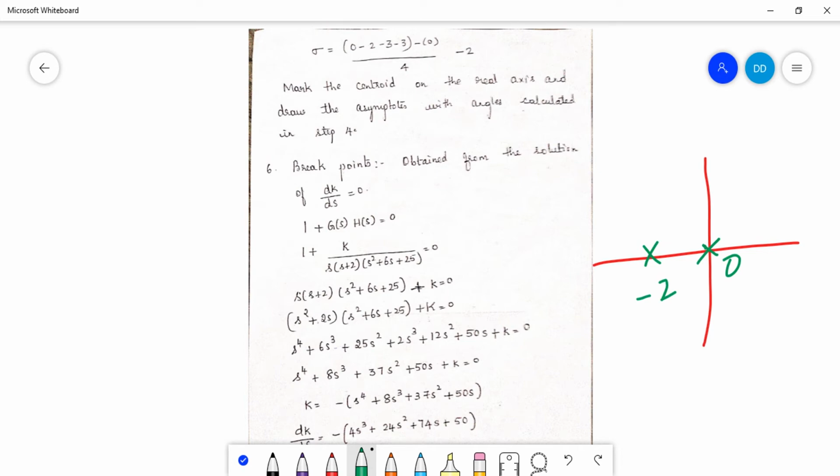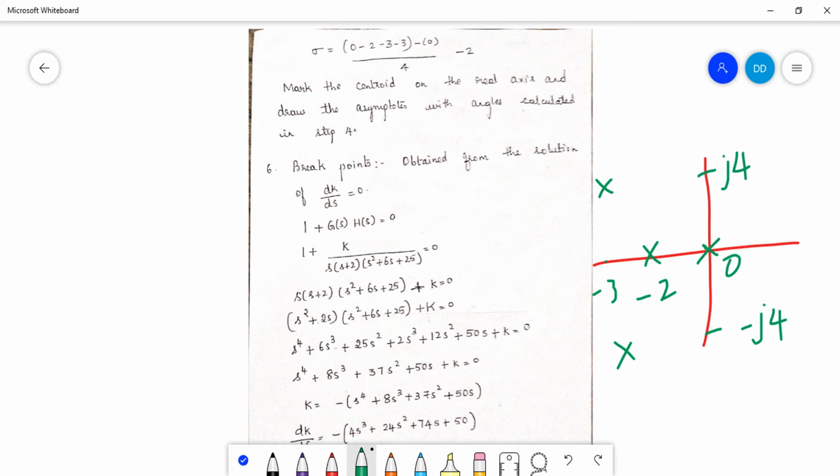Next we have the complex roots: this is j4, this is minus j4, and our third and fourth roots are minus 3 minus j4 and minus 3 plus j4. So minus 3 is somewhere here. Our third pole is at this point.